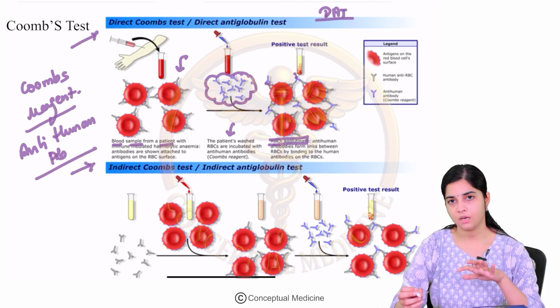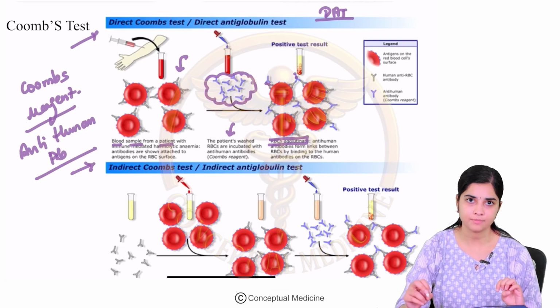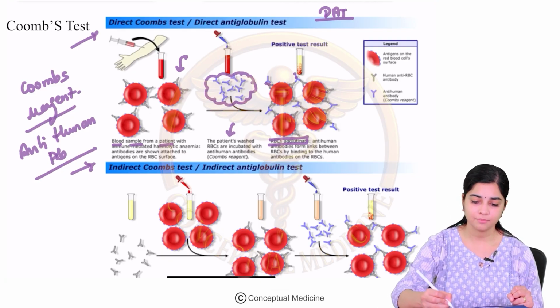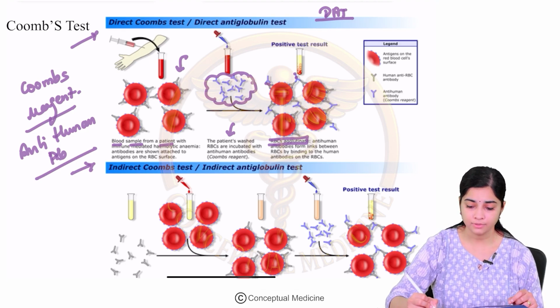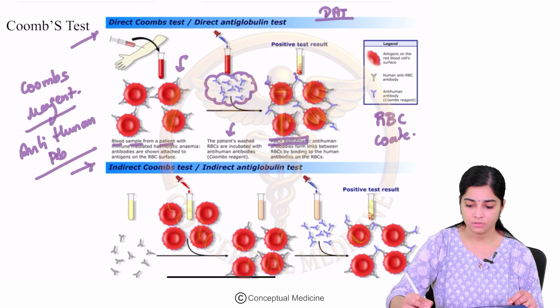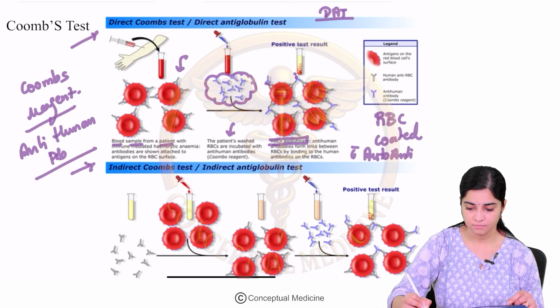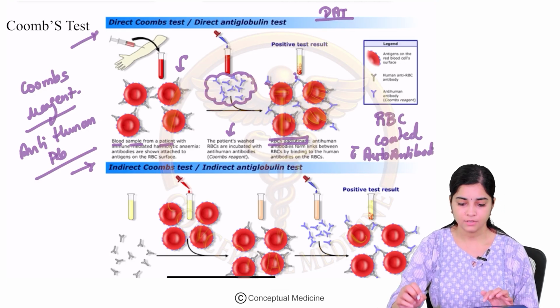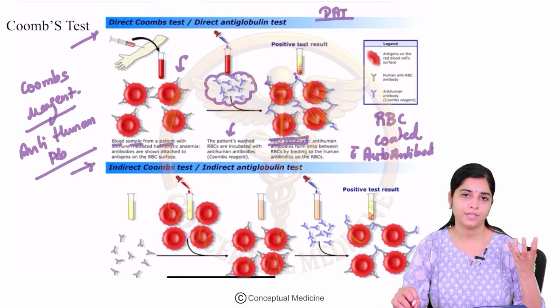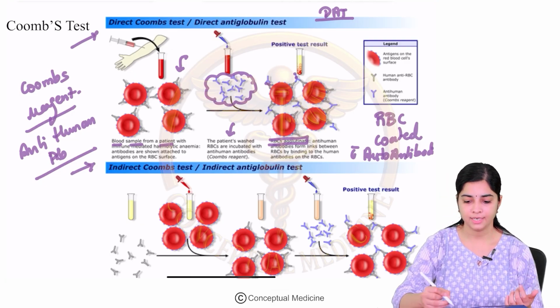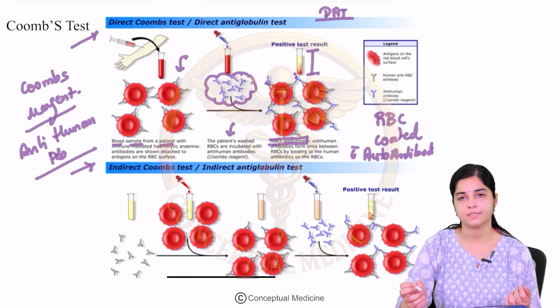So this is your direct Coombs test. What we have to understand from here is that the direct Coombs test, or the DCT, is basically going to identify the RBCs which are coated with autoantibodies. Whenever this happens, the Coombs reagent reacts and then you find evidence of agglutination, and this is seen as a positive test in the tube.